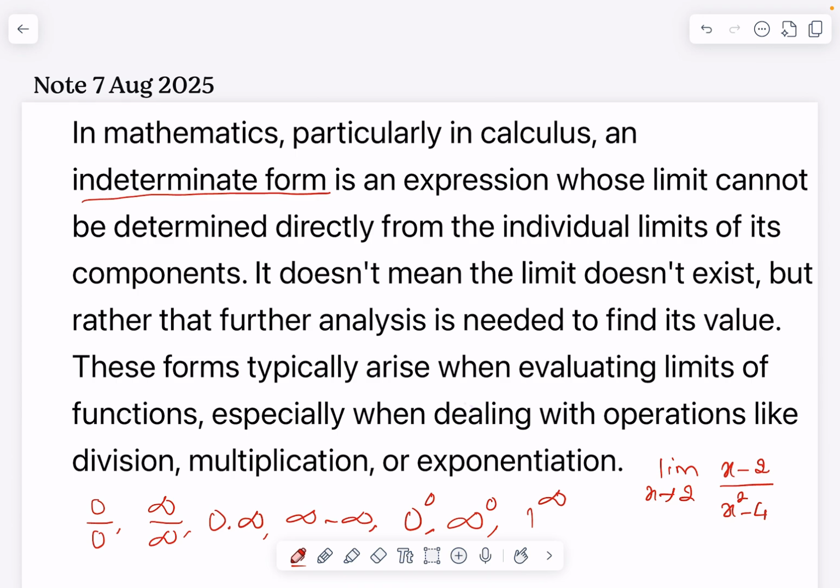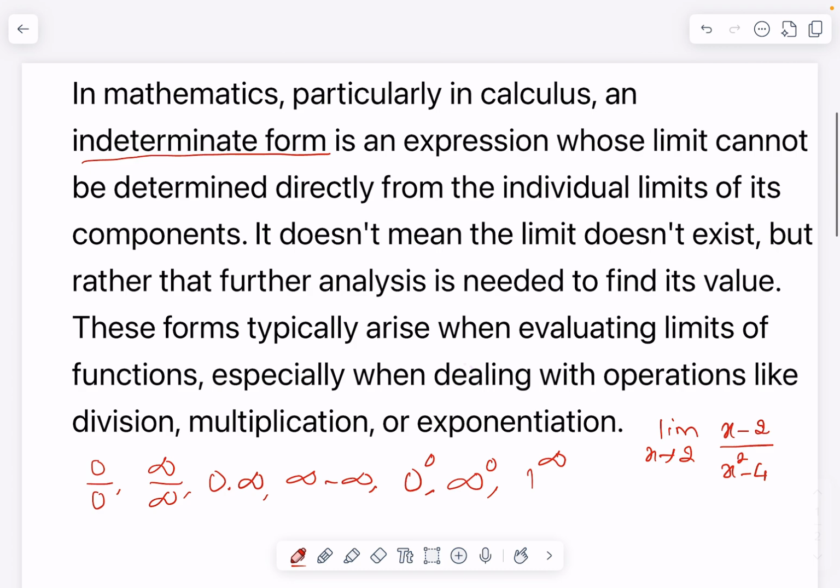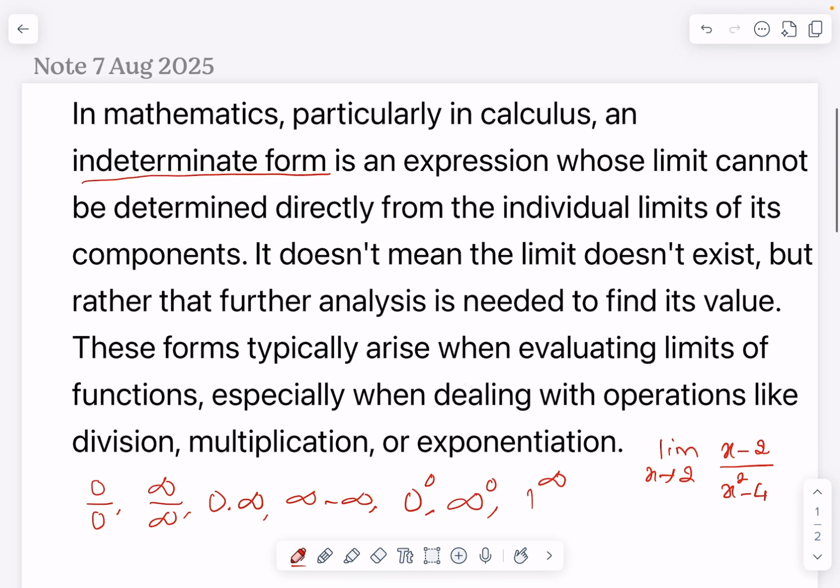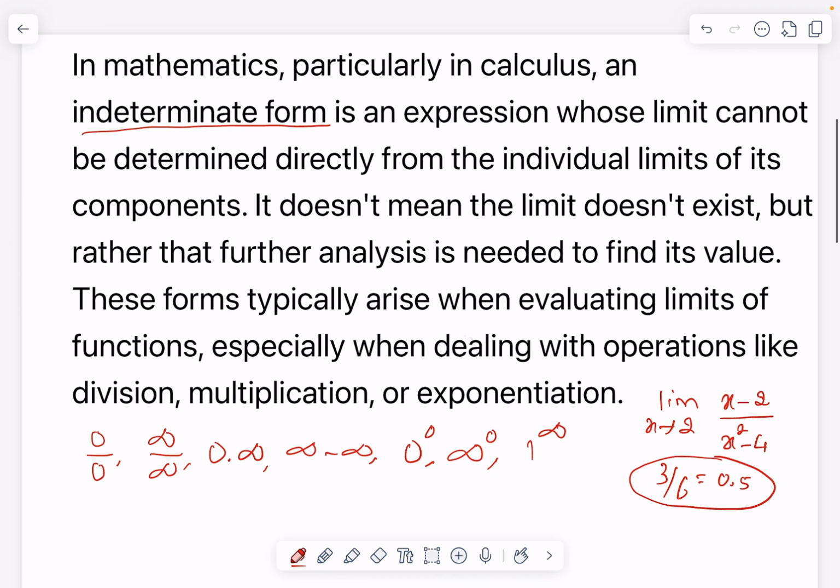So such kind of forms are known as indeterminate forms, whose value is not deterministic. Like 3 by 6, its value is deterministic, its value is 0.5. But there are certain forms whose value is not deterministic. Those forms are known as indeterminate forms.